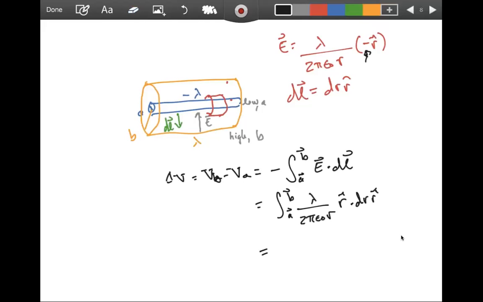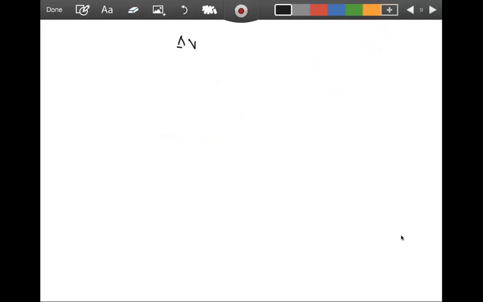So finally, this becomes the integral from a to b, dropping my vector signs, of lambda over 2 pi epsilon naught r dr. Since lambda over 2 pi epsilon naught is a constant, my change of potential will be equal to lambda divided by 2 pi epsilon naught times the integral of dr over r from a to b.